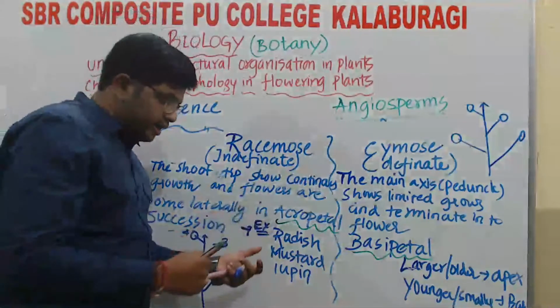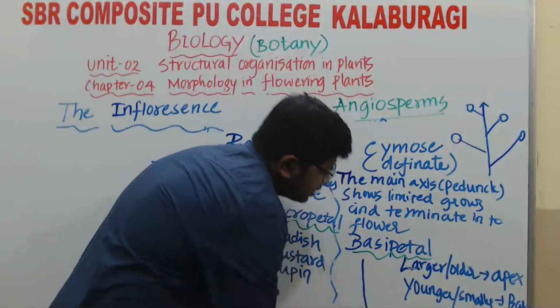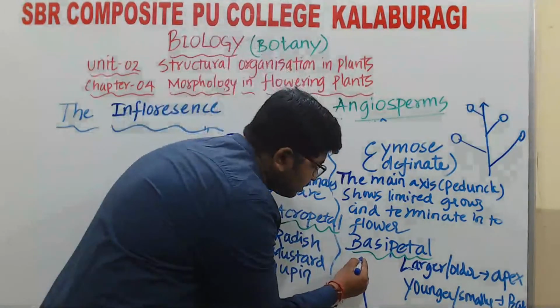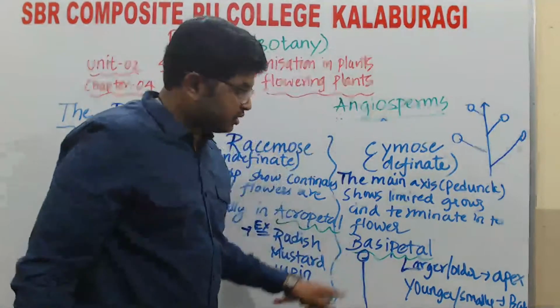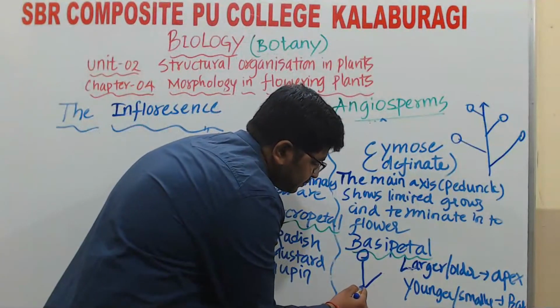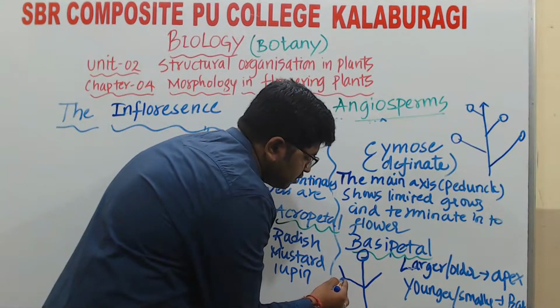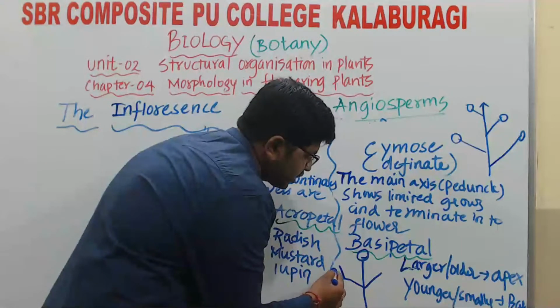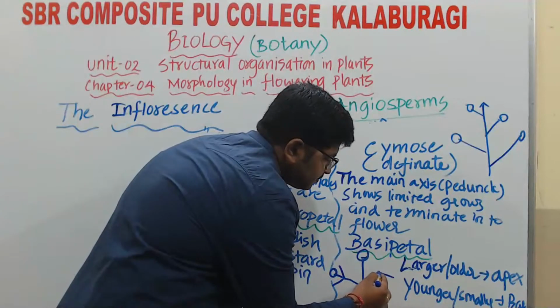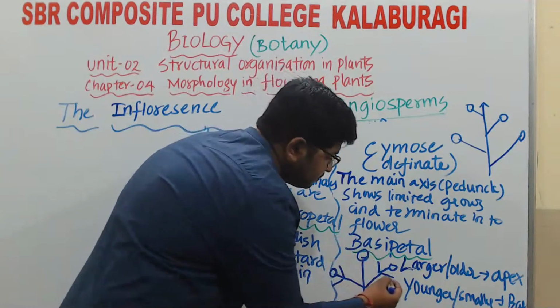We'll understand with the help of the diagram. If this is the main axis, it ends with a flower. The lateral branches here give rise to flowers which are young and small.